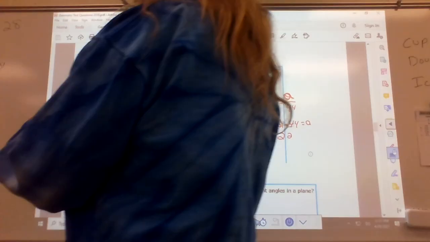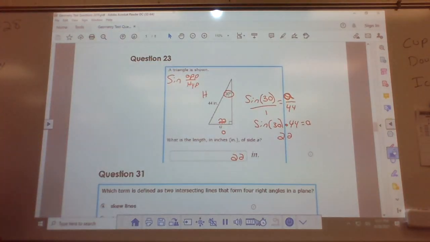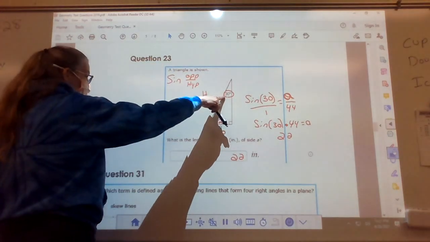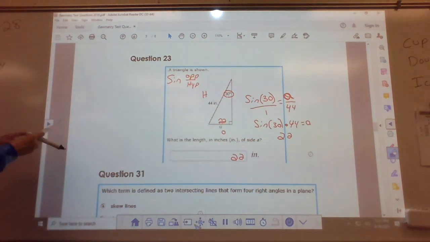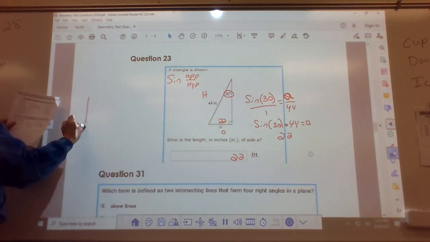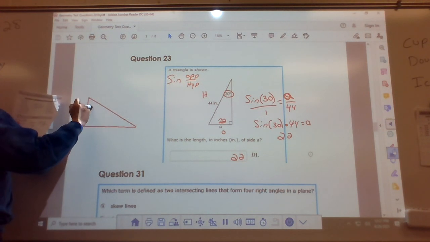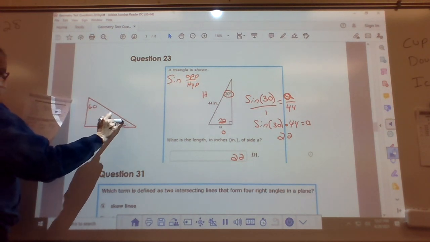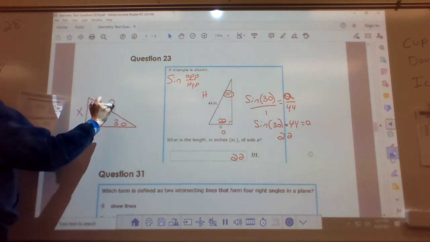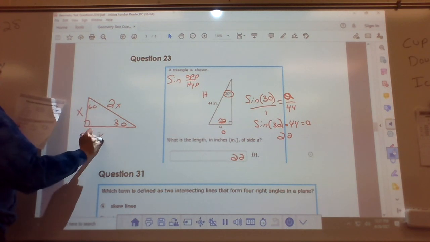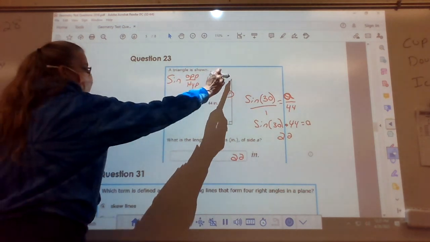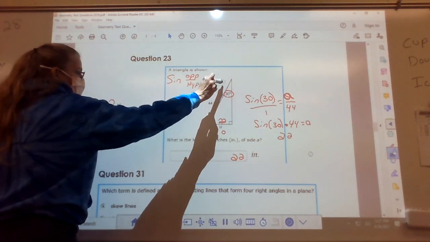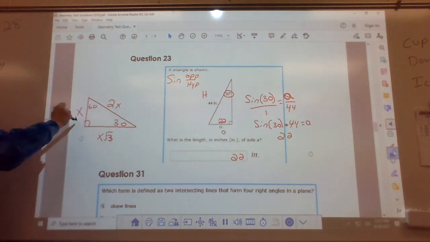Your other option is maybe you go, wait a minute, that's a 30. So this must be a 30-60-90, which is one of my special rights. So if I look at my picture, here's my special right picture on my paper. That's my special right, 30-60-90. The 44 is which one of these three sides?